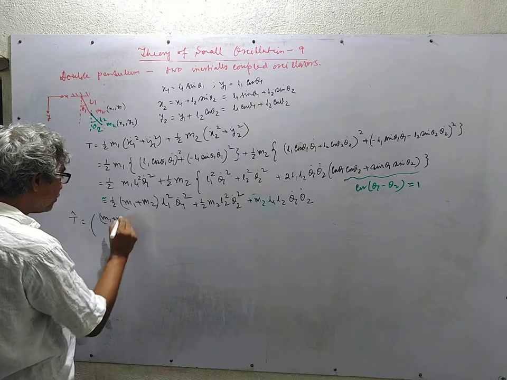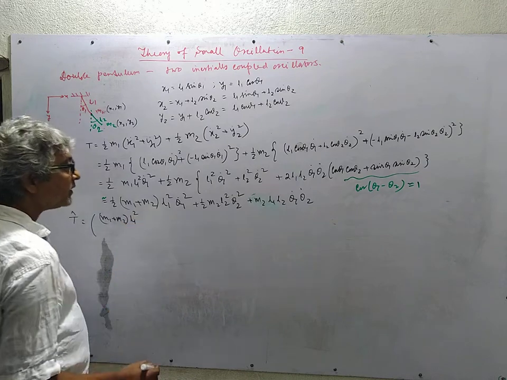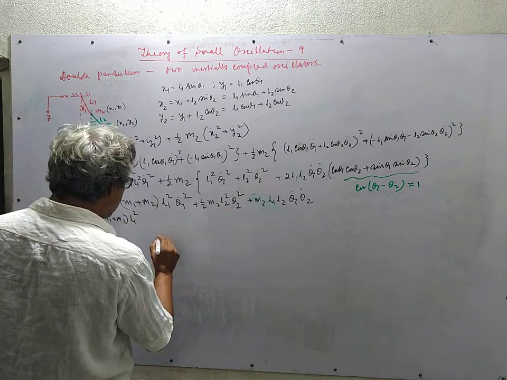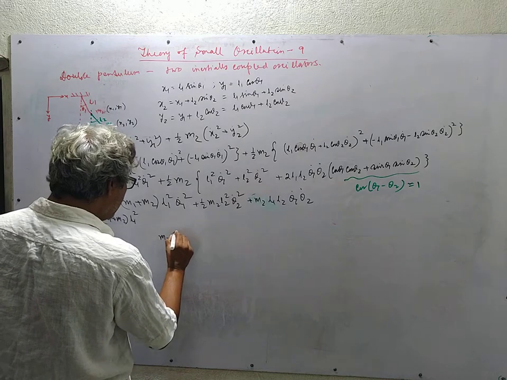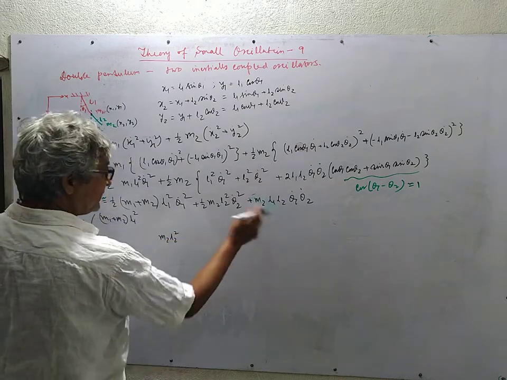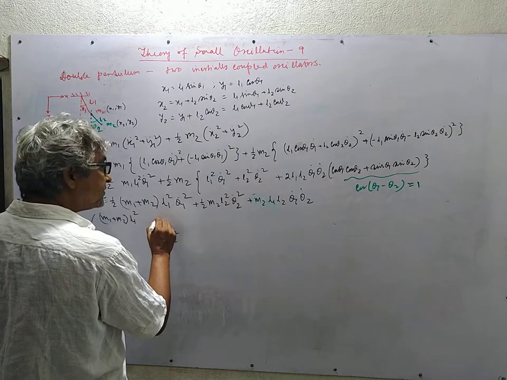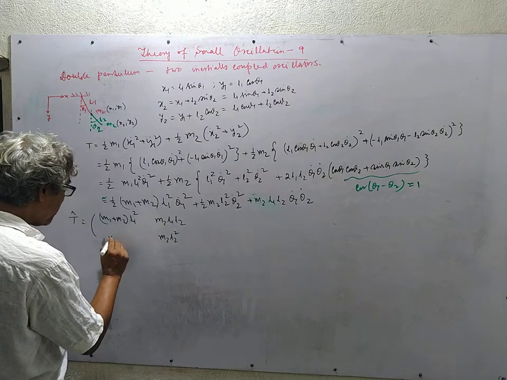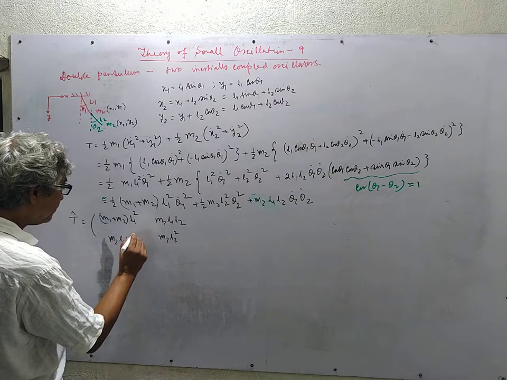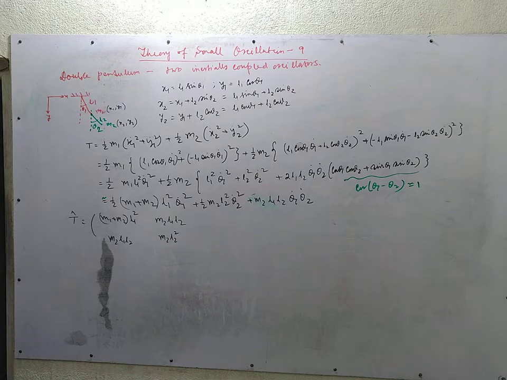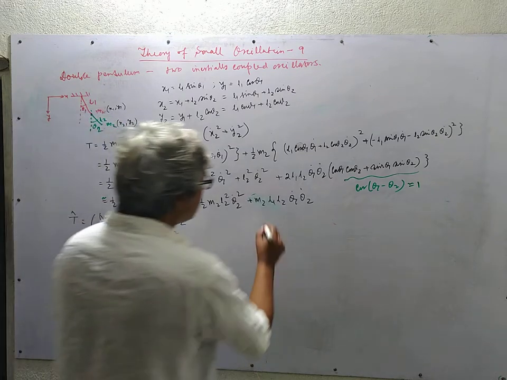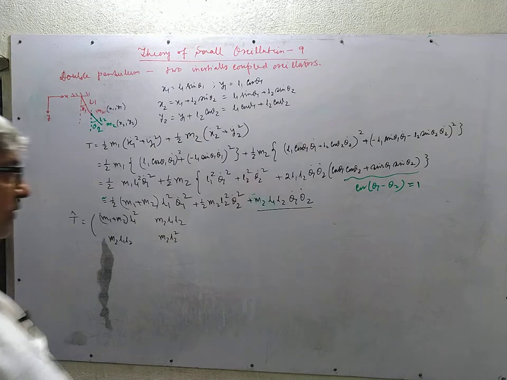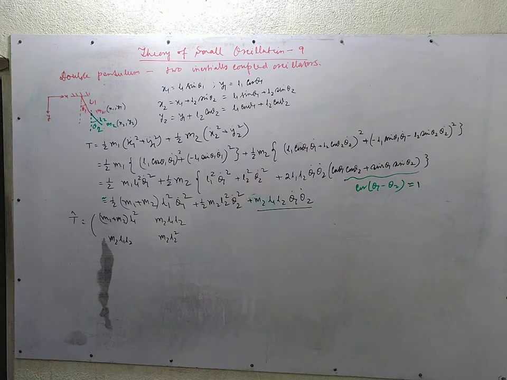So the T matrix becomes (m1 plus m2) L1 square, m2 L1 L2, m2 L1 L2, and m2 L2 square. If we look at the kinetic energy part, this is the coupling term, and the coupling here appears as the product of velocities.